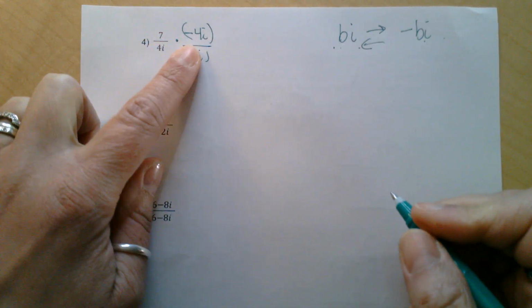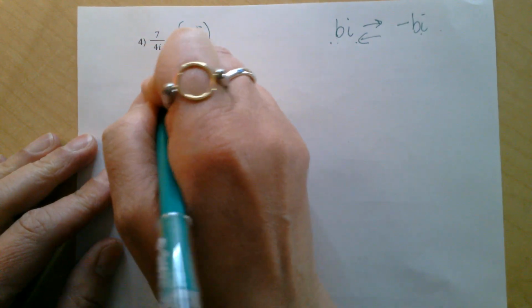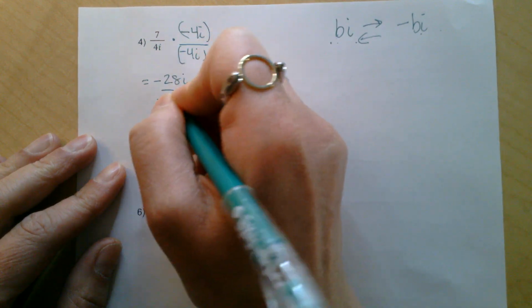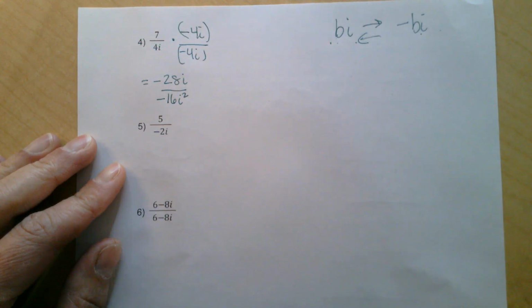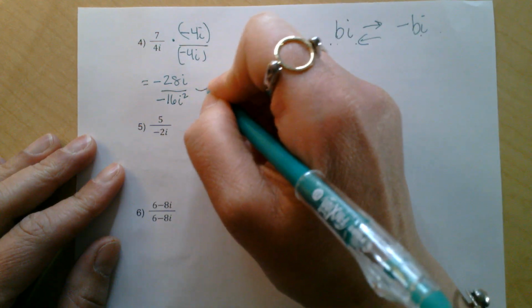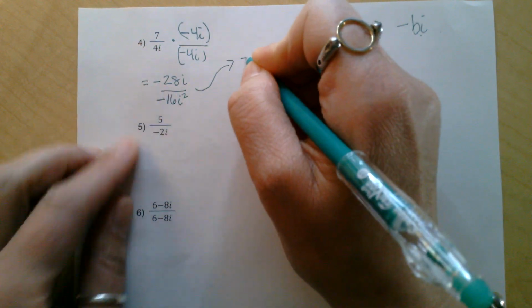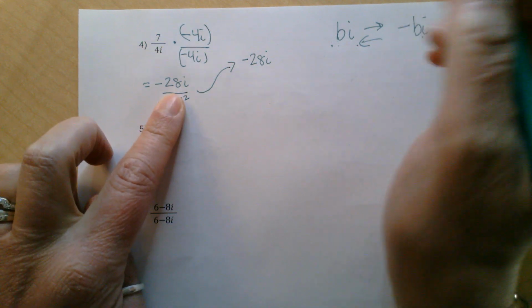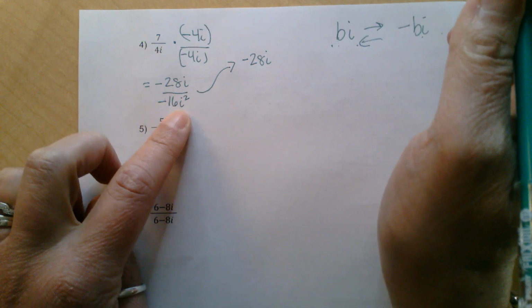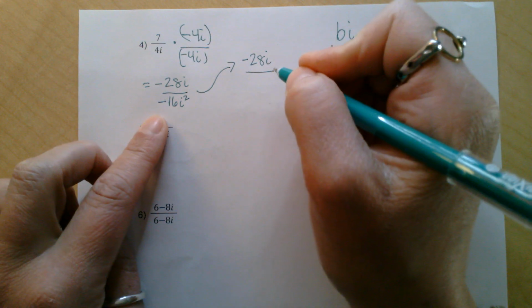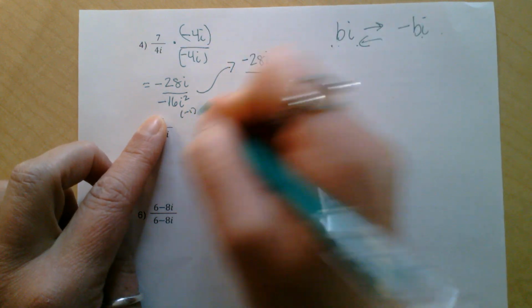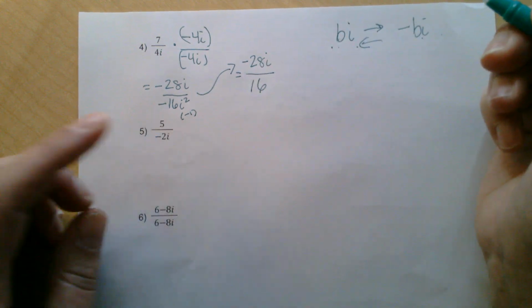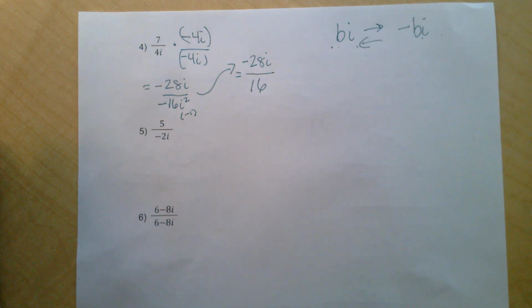Okay, 7 times negative 4i, negative 28i. 4i times negative 4i, negative 16i squared. And let's keep the numerator the same for now, negative 28i. So always just hold on, don't reduce anything yet. Let's just take care of that i squared. So negative 16, remember this is a negative 1. Negative 16 times negative 1 is positive 16. And now we have to look, can we reduce?